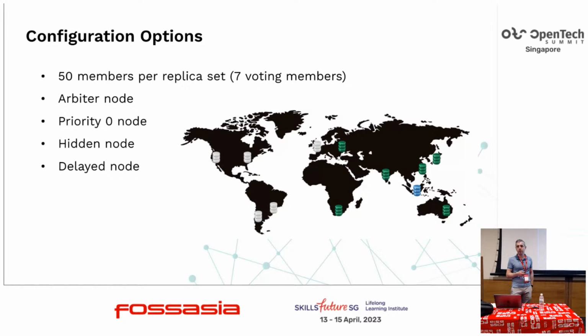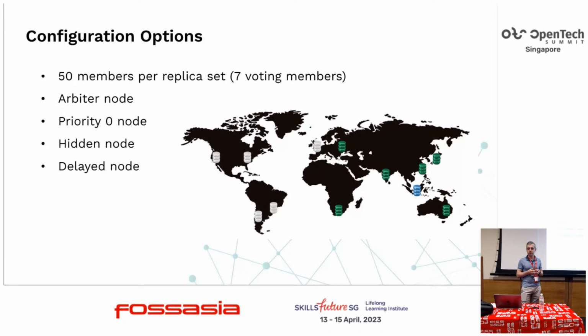There is also a node type arbiter, which just participates in elections, and it doesn't hold any data. A priority 0 node is a secondary node that will never be elected as a primary, but it has votes.